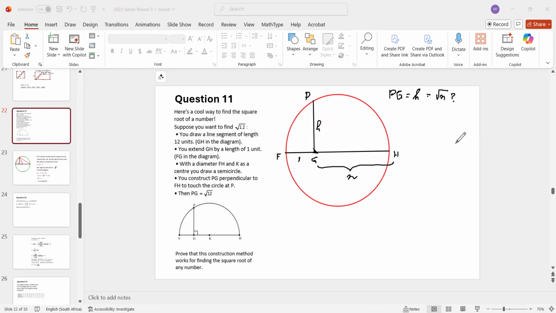All right. Okay, now how do we show it's the square root of n? Let's give a name to the radius. If you draw from the center, let's give a name to that radius.